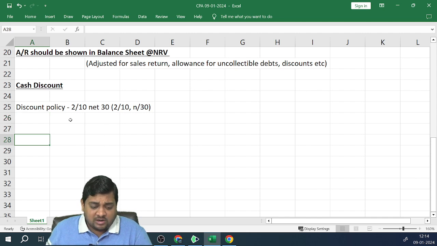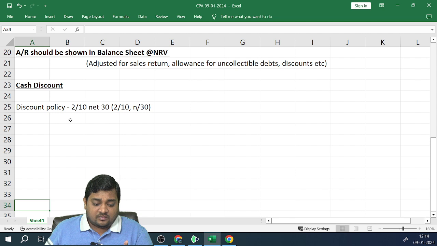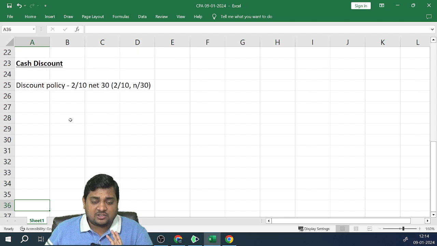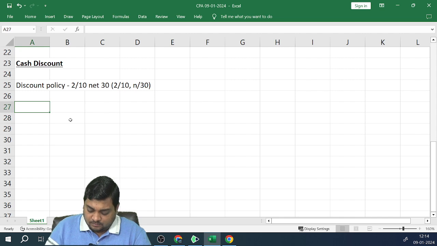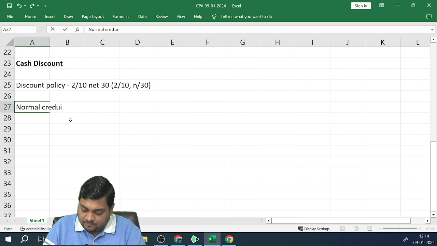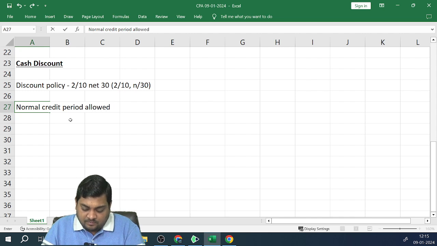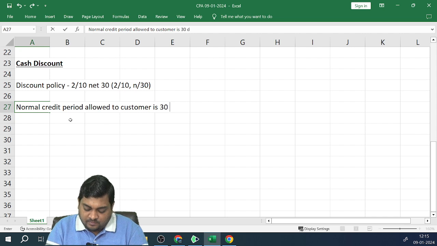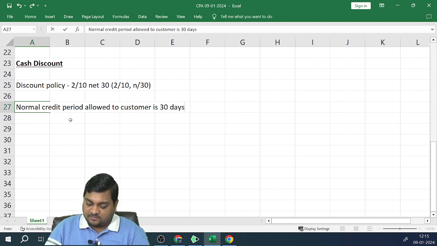If you have a discount policy like this, then this net 30 means the normal credit period allowed to the customer is 30 days.